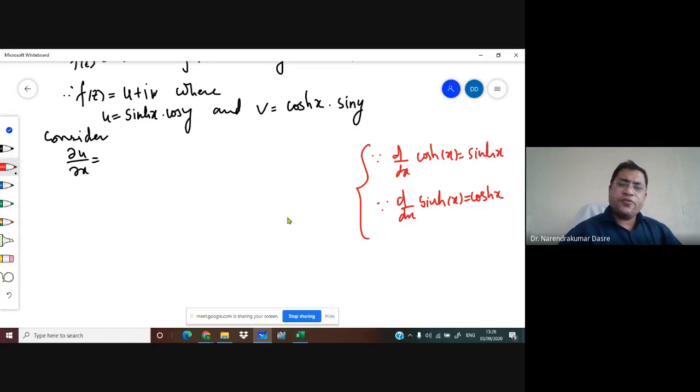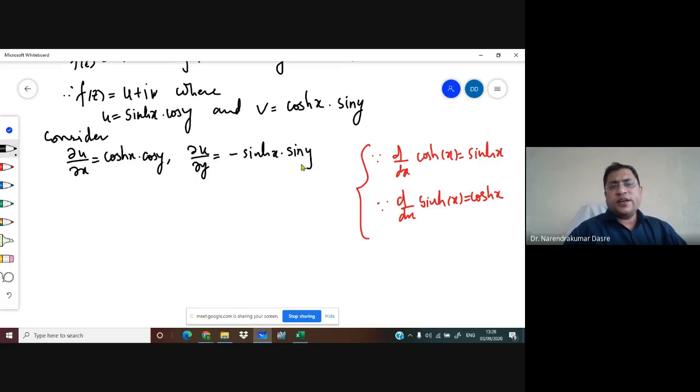Here we don't have the negative sign; that is in the trigonometric functions only. So with respect to x, we have cos hyperbolic x into cos y, and the partial derivative of u with respect to y is minus sine hyperbolic x sine y. Sine hyperbolic remains as it is, and the derivative of cosine is minus sine.